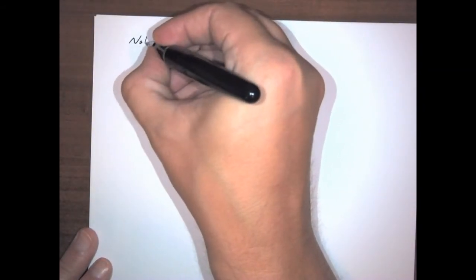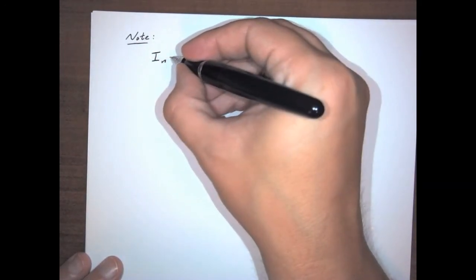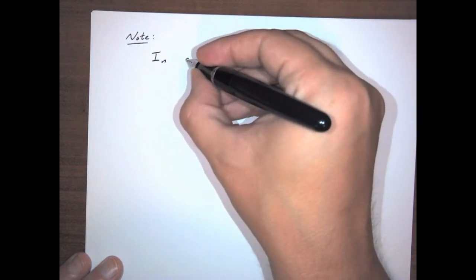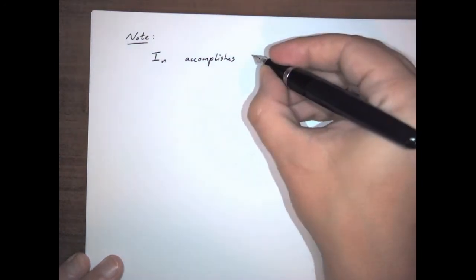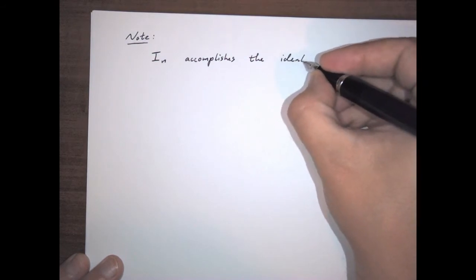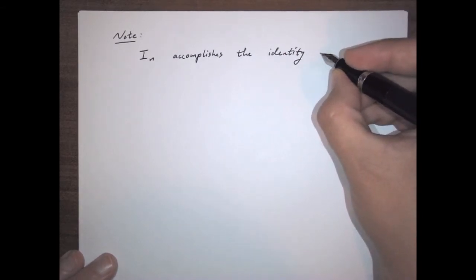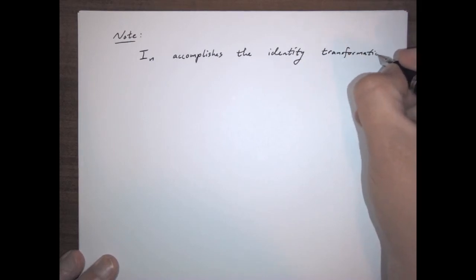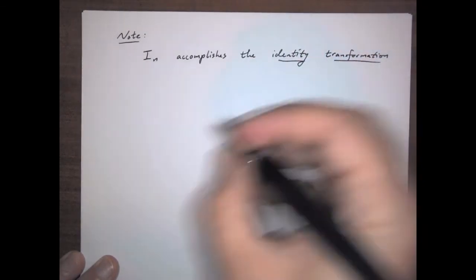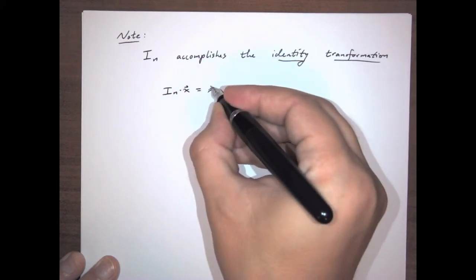So note I sub n accomplishes the identity transformation, which means it leaves the image identical to what it started with. I times x is just equal to x.